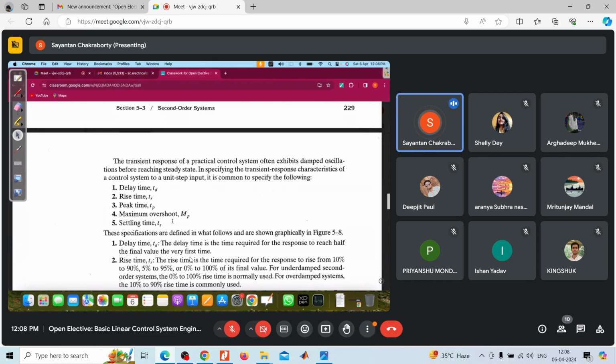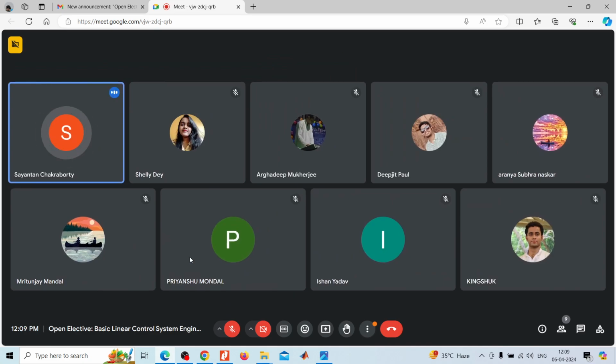Now, this is very important: whenever you design a control system, or any system that has to perform a particular task, your primary objective will be to make sure that your final controlled variable, the variable of interest, follows the desired trajectory or reaches the desired value, right? That is the steady state performance.